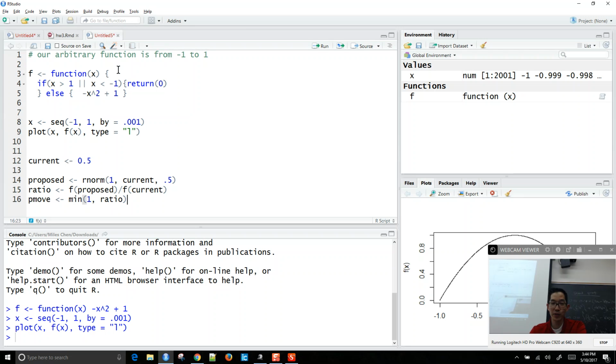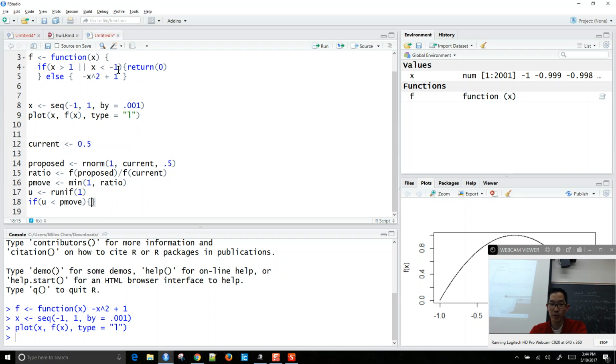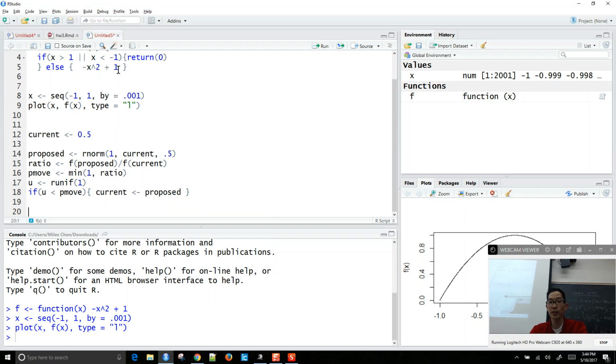So I propose this. And then I move, and then I'm going to need a random value, runif(1), and then we'll say if u is less than p move, then we move, right? Okay. So how do we do that? So if we move, then we update our current value with the proposed value, okay? Otherwise, the current value just remains.